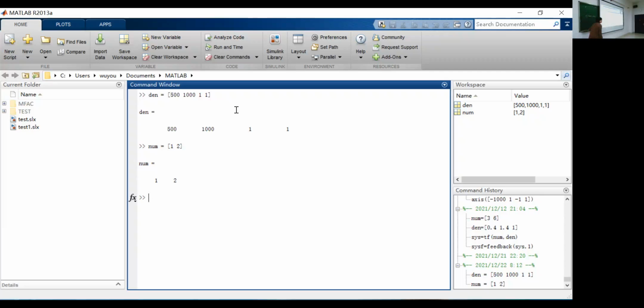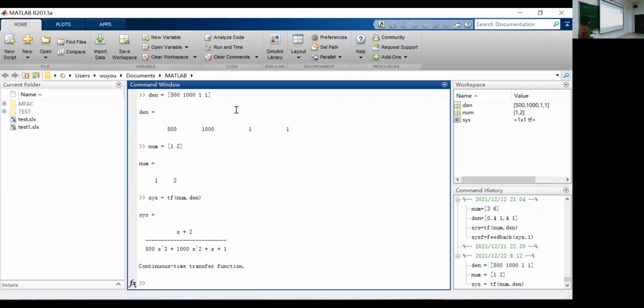But then you need to name the system first. So maybe we can call it sys, equal to the transfer function, including the numerator and the denominator. So the code should be like sys equals tf, num, den, and then let's hit enter to see what it would be like.